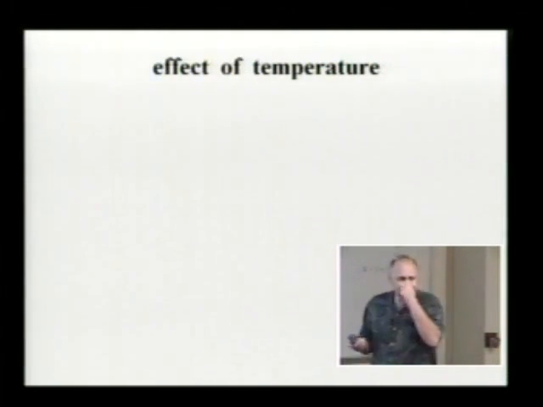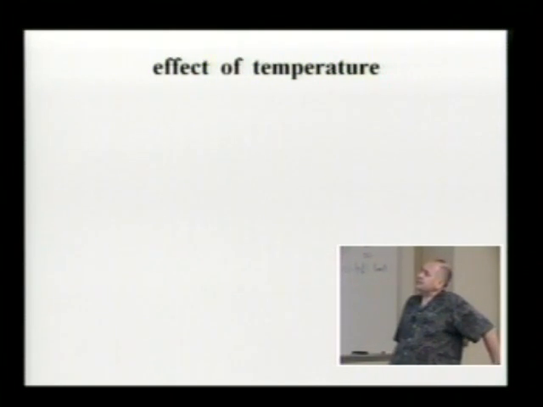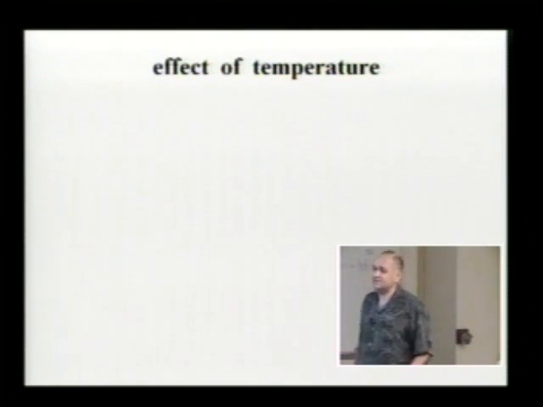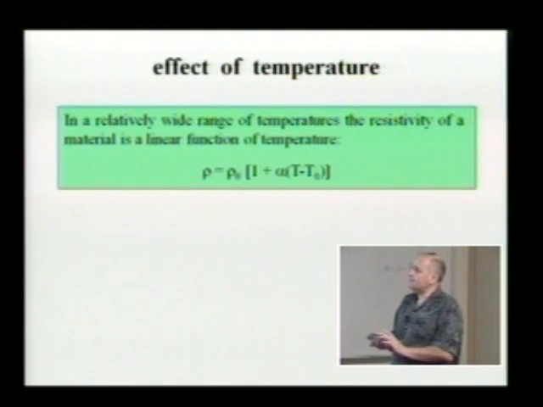All right, now the conductivity and resistivity of substances is a function of external parameters, and one of the parameters which affects it most is the temperature.